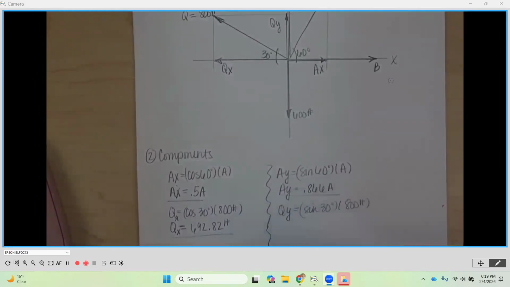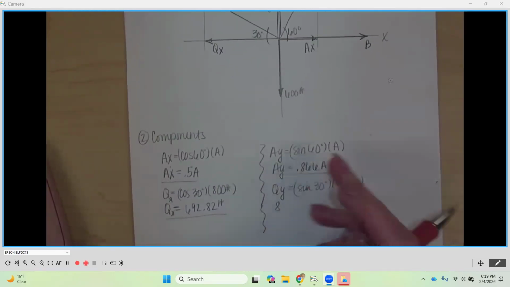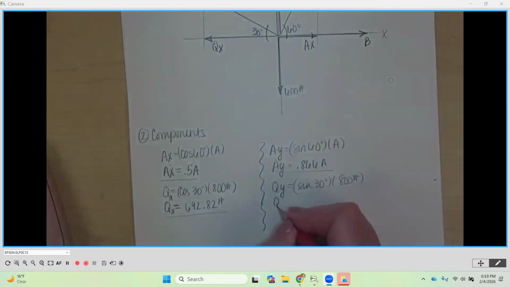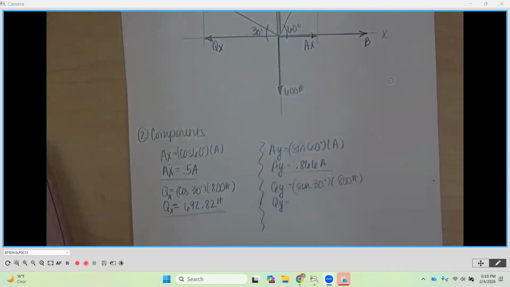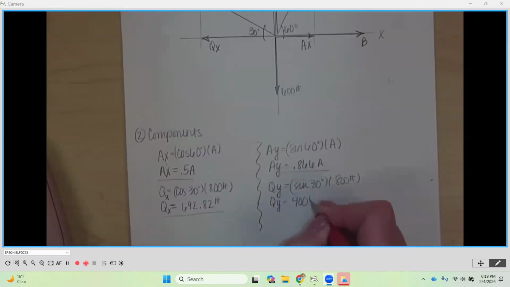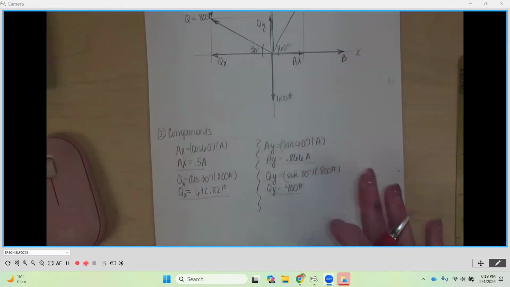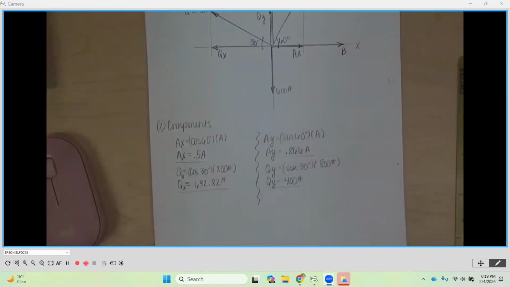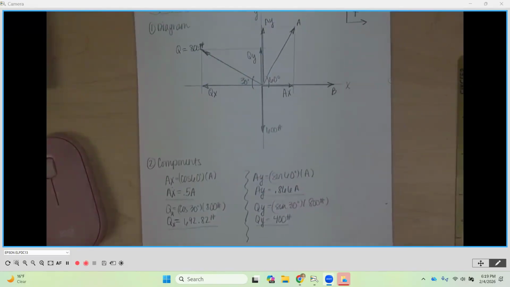Now, because we have Q equal to 800 pounds, we now can get magnitudes for each one of our components for Q. These two steps have been consistent for each one of the problems that we've done, right?